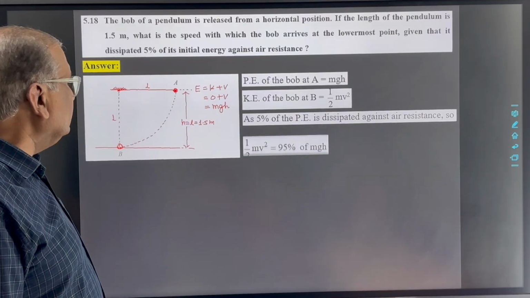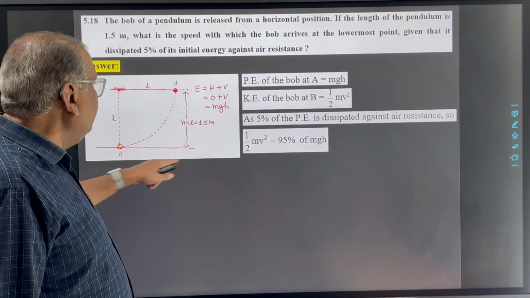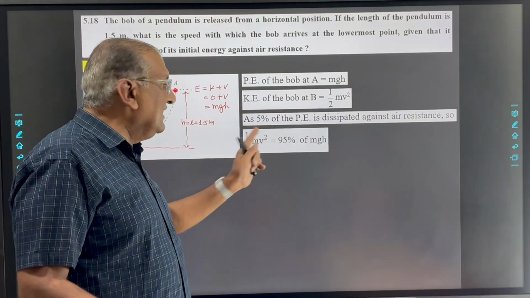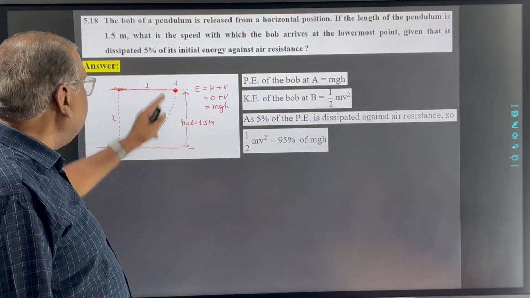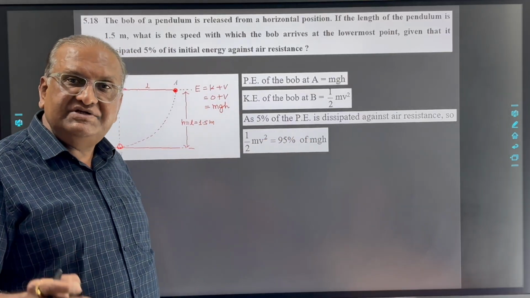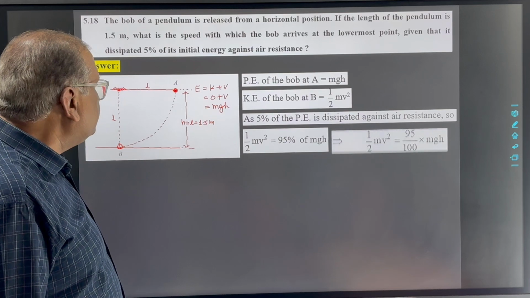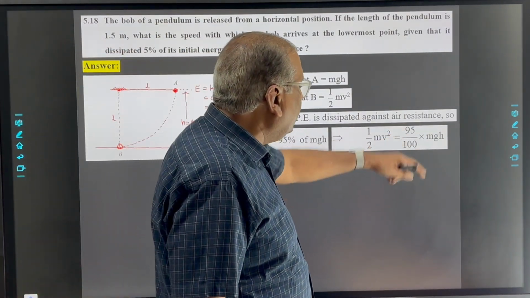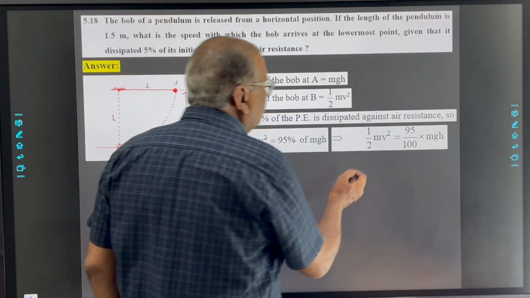So at position B, the kinetic energy half mv square is 95% of initial energy, that is 95% of mgh. Clear? So here we can write half mv square equal to 95 by 100 mgh.